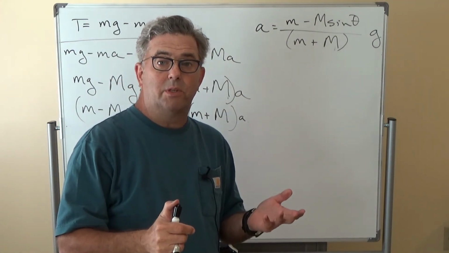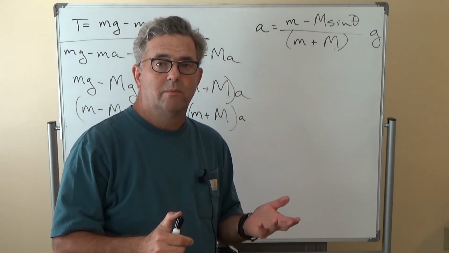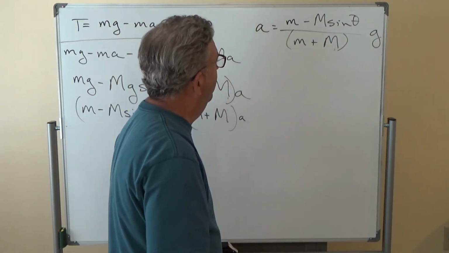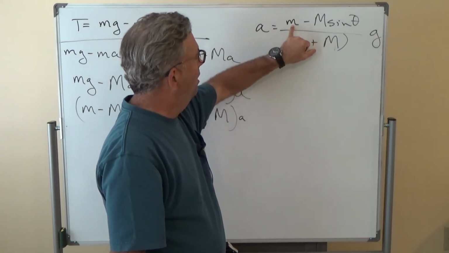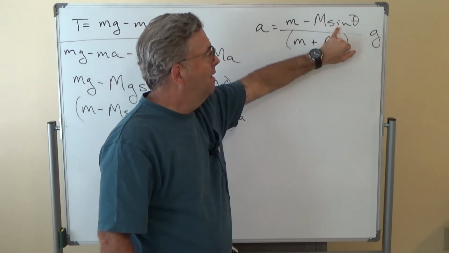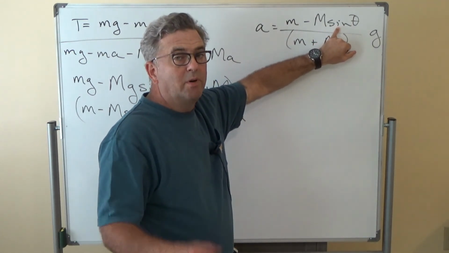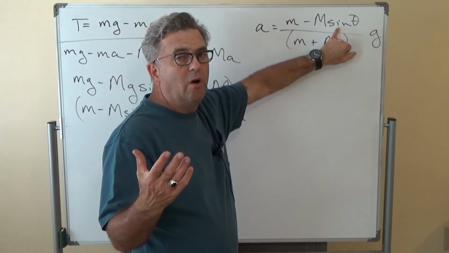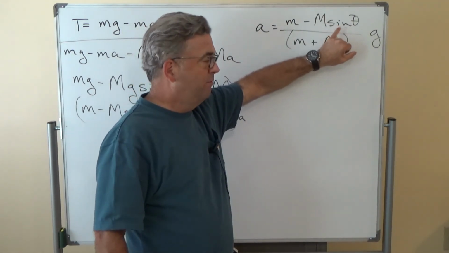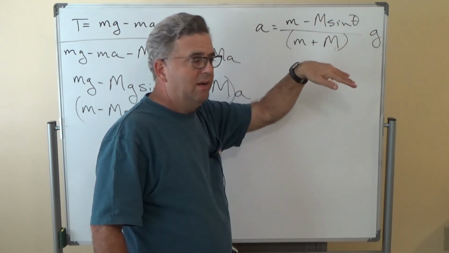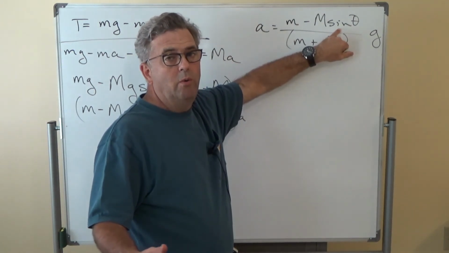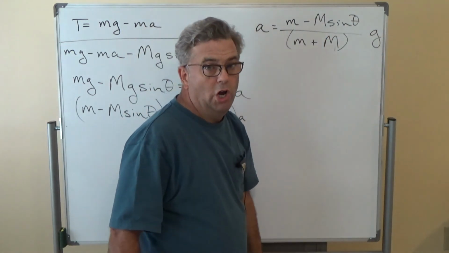I said the system's going to start from rest. Well, if the system starts from rest and little m is greater than big M sine theta, remember, sine has values that are always between, well, -1 and 1. But for us, with the way we define theta, sine has values between 0 and 1.